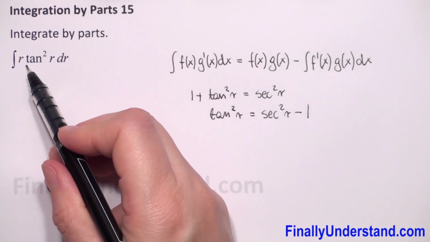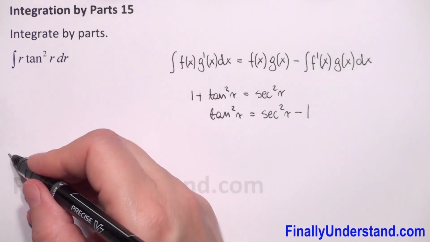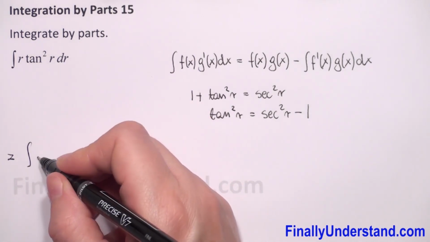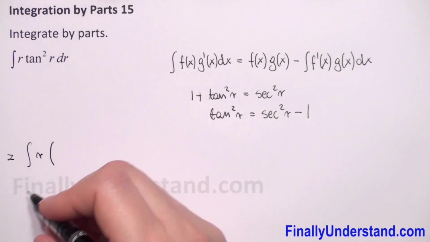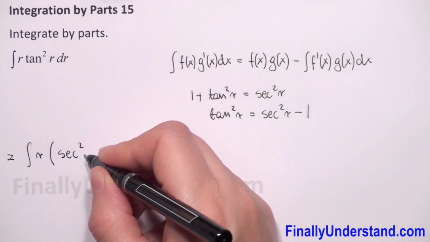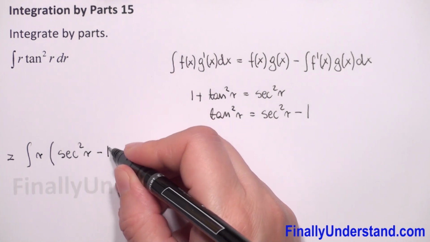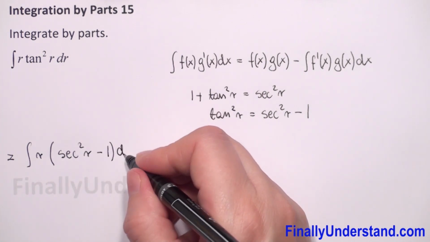So we will replace our tangent square by secant square minus 1. So let me rewrite this. We have the integral of r times secant square of r minus 1 with respect to r.